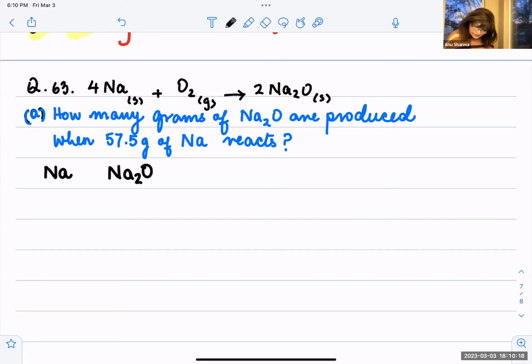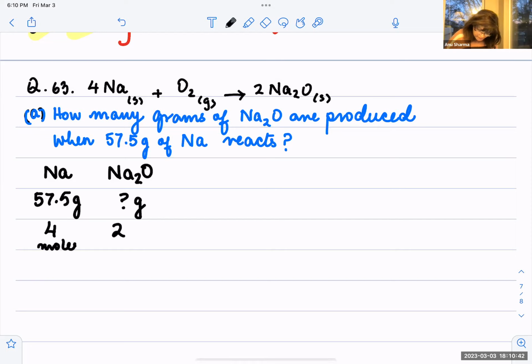So here we are given 57.5 grams of sodium, and we need to find how many grams of Na2O are formed. The relationship is 4 moles of sodium to 2 moles of Na2O. So 2 conversion factors.